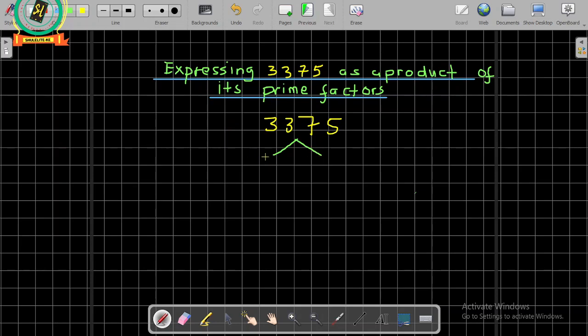So we ask ourselves, which is the smallest prime number that can go into 3,375? I feel that should be 3. 3 goes there 1,125 times. Let us give it another trial with 3. 3 goes there 375 times.